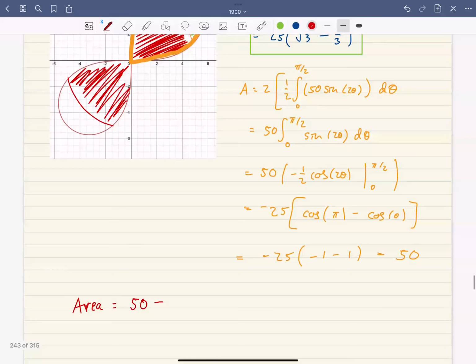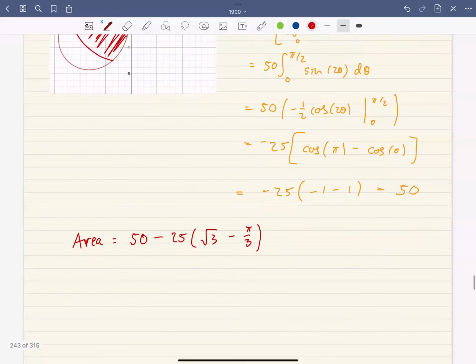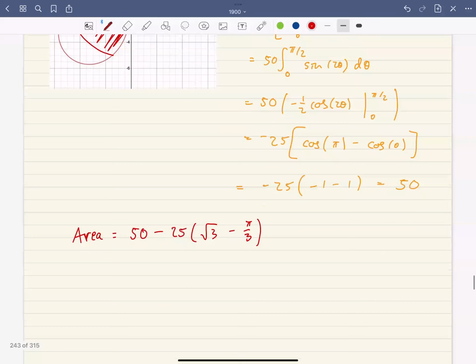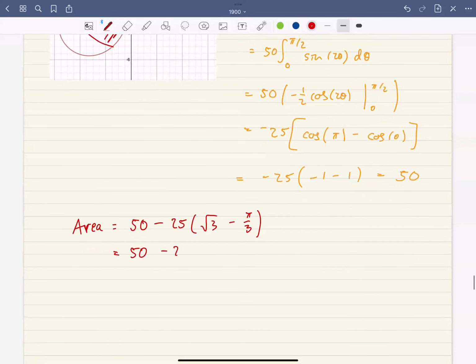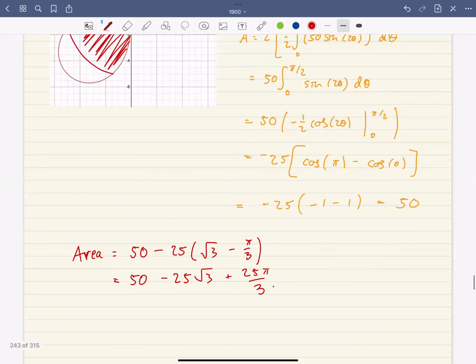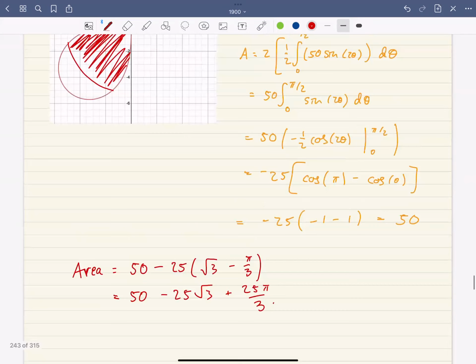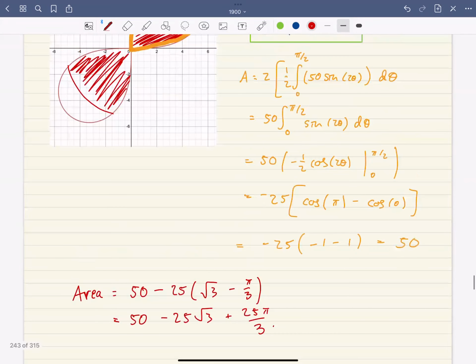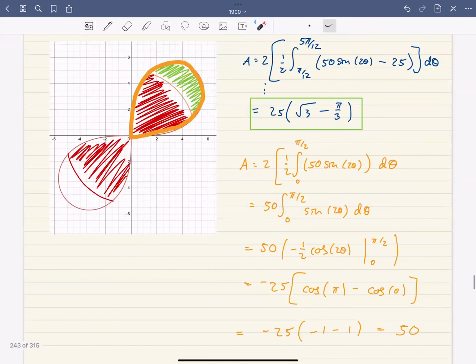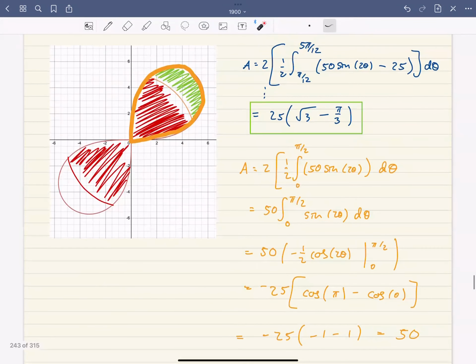And so if we do this out, you'll end up with 50 minus 25 square root of 3 plus 25 pi over 3. Okay, so I made the mistake of calculating the wrong area in class, and this is how we fix it. And again, this was the area bounded between the two curves, r equals 5 and r squared equals 50 sine of 2 theta.